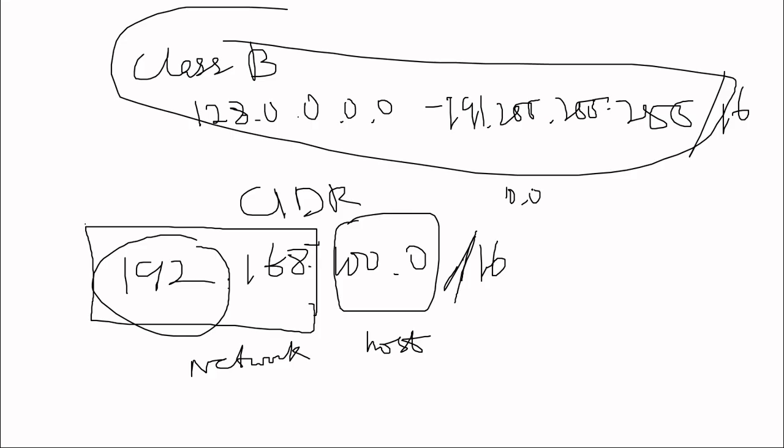So for example, we have class A, I can have 10.0.0.0, which falls into class A in classful subnetting. But using classless interdomain routing, I can have 10.0.0.0/24, which means the first 24 bits in this IP address.